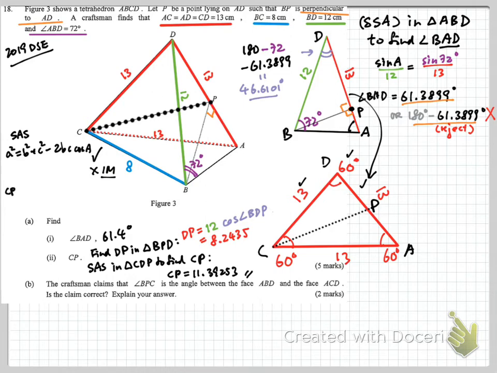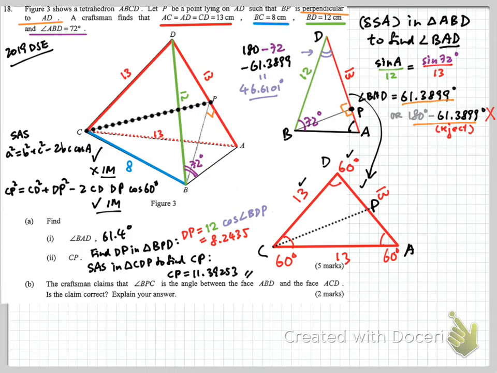In other words, you must put down the names of the lines that you use the cosine formula on: CP squared equals CD squared plus DP squared minus twice CD DP cosine 60. That will give you 1 mark for the cosine formula. So be careful that you have to express the formula in terms of the context, not just write down the formula from dictation.